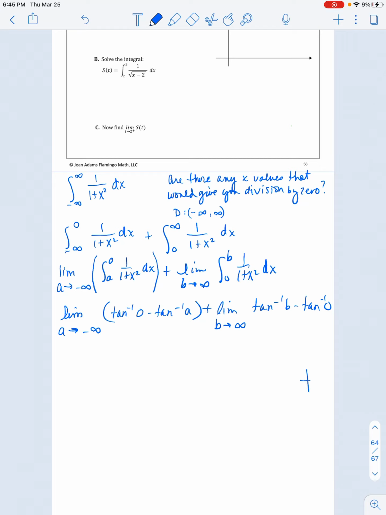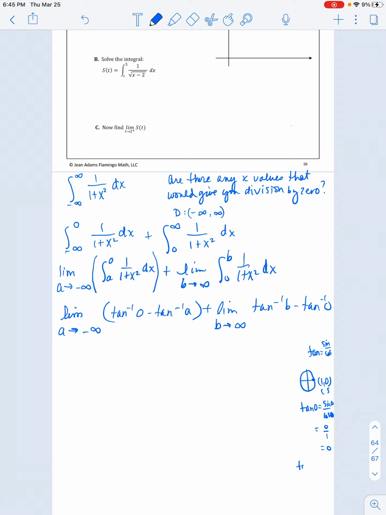The inverse tangent of 0 is 0. If you're thinking about it, you know that tangent is equivalent to sine over cosine. And if I was right here at 0, this is the point on the unit circle, 1 comma 0, cosine comma sine. So the tangent at 0 is equivalent to the sine at 0 over the cosine at 0. And so this would be equivalent to 0 over 1, which is 0.